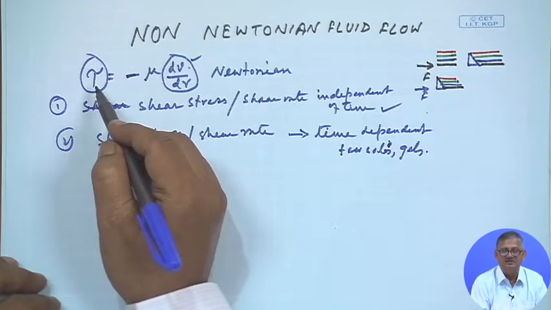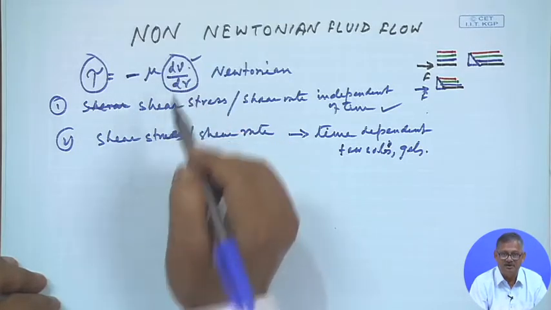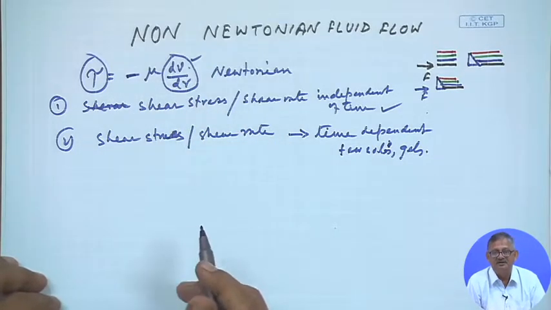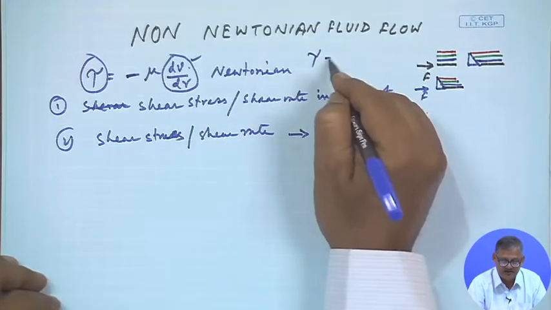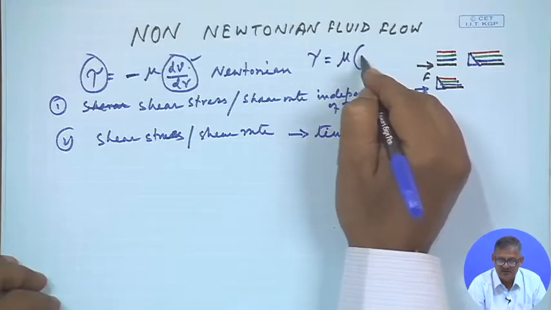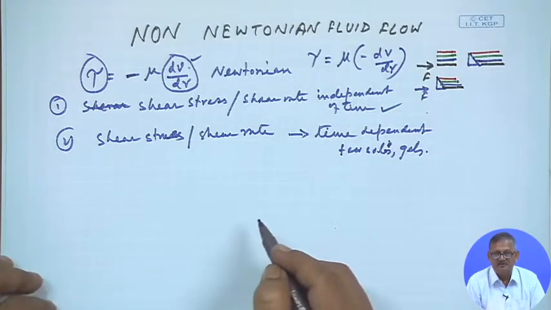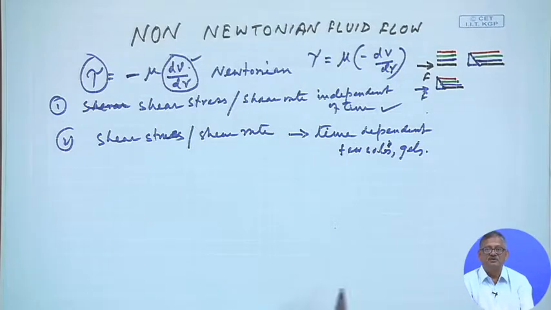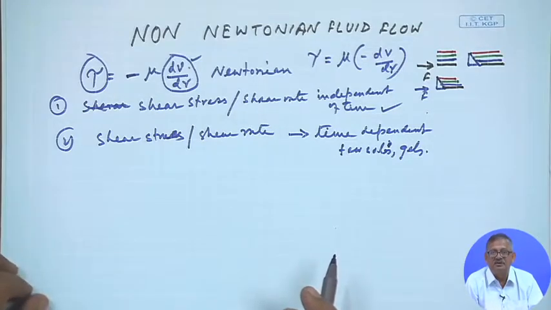Because as the shear stress goes up, the shear rate goes down, that is why it is indicating negative. Exactly, this says mu minus dV/dr, right. So, this ratio is known as the viscosity, which we call mu, for the Newtonian fluid, right.